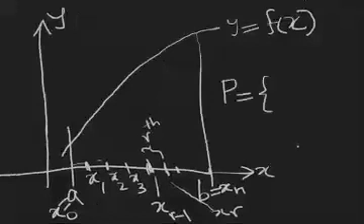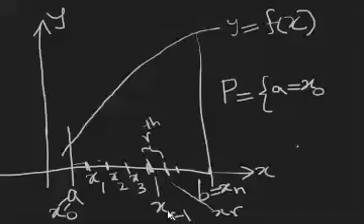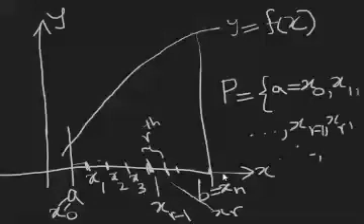The first point of this partition is x sub 0, which is A, then x sub 1, x sub r minus 1, x sub r, and it goes to the last point, x sub n, which is the same as b.